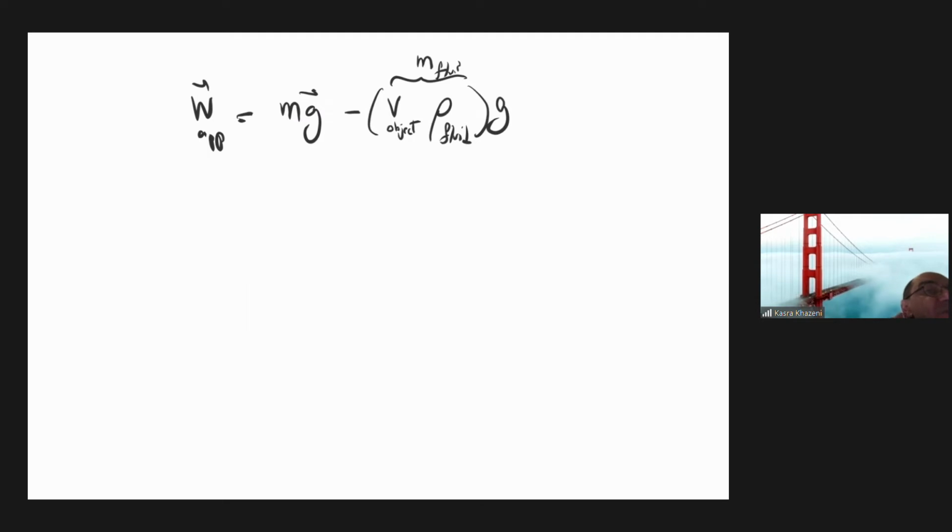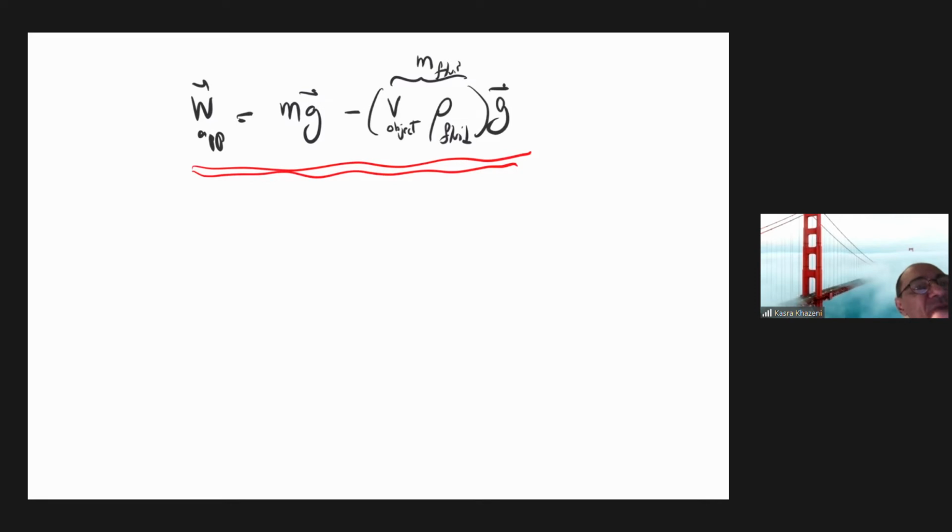So this is really how you calculate the apparent weight. You need that because the mass of the fluid that the object displaced would be the volume of the object times the density of the fluid. Right, so this is really the most useful form of this equation. And let's do an example so you know how to use it.